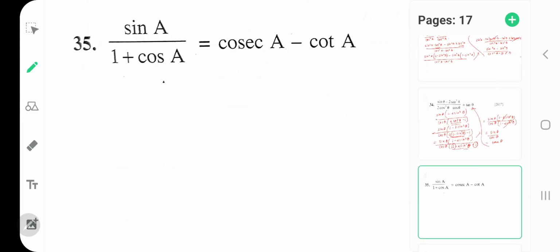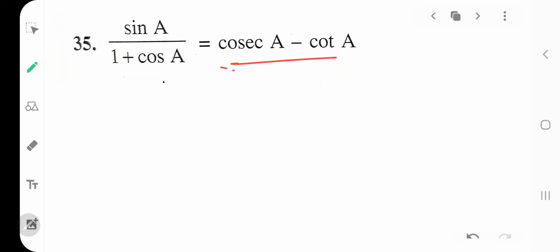Let's go to problem number 35, which has sin A upon 1 plus cos A is equal to cosec A minus cot A. My dear kids, you will not get the right hand side until and unless you do some external additions to the problem, external things multiplied to the problem.